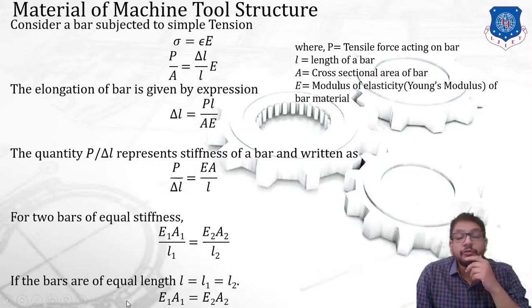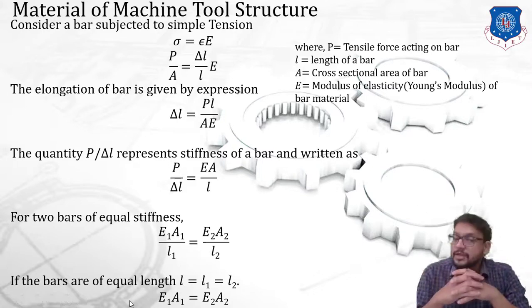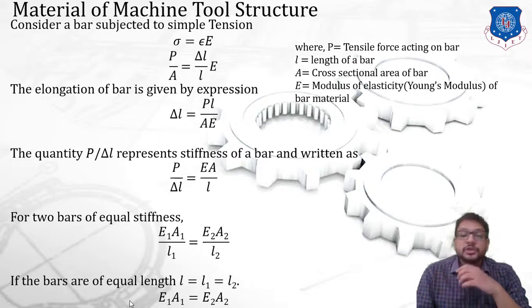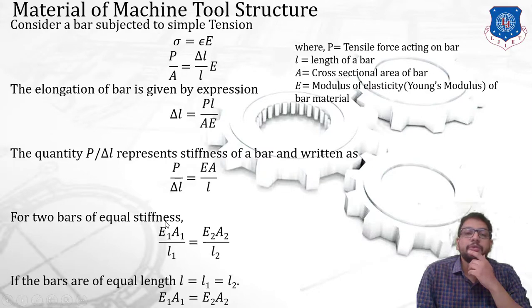Now let us consider a condition where both bars have the same length, so L is equal to L1 is equal to L2. This equation becomes E1 A1 is equal to E2 A2.